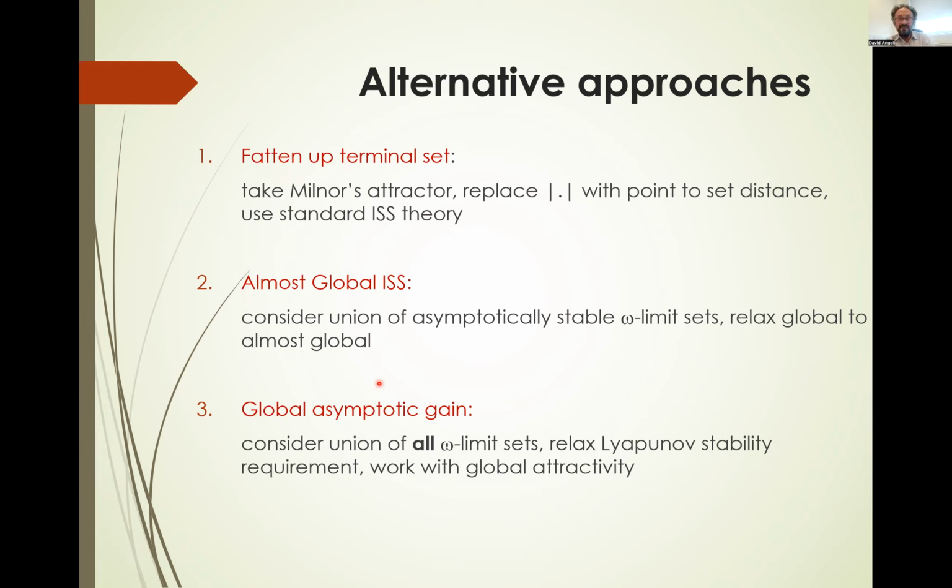So we do not insist that our set W should be made only by Lyapunov stable sets, but we are happy to take essentially all omega limit sets, some of which will be Lyapunov stable, others will not be Lyapunov stable, but we will look at an asymptotic gain notion with respect to this set, which is made both by stable and unstable parts. So these are the two somehow complementary approaches.